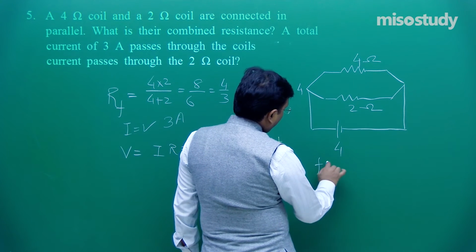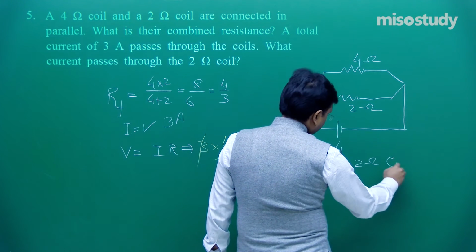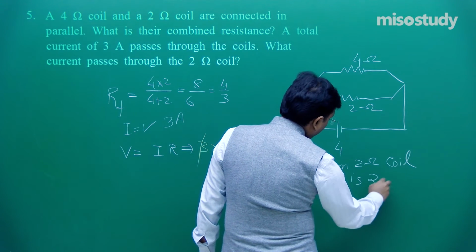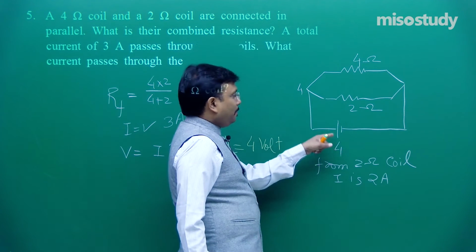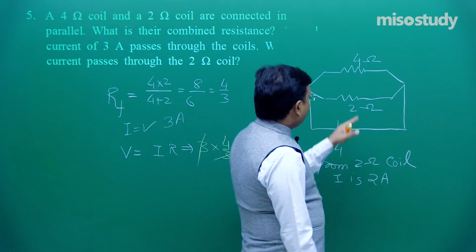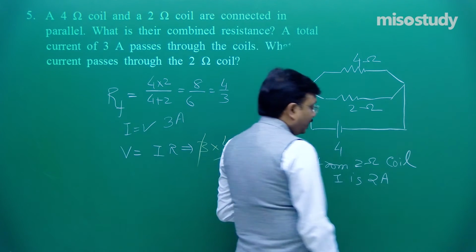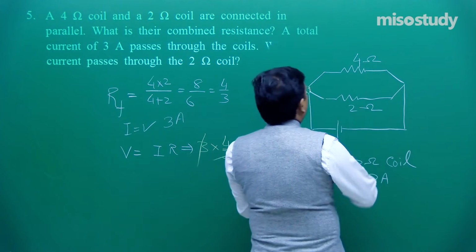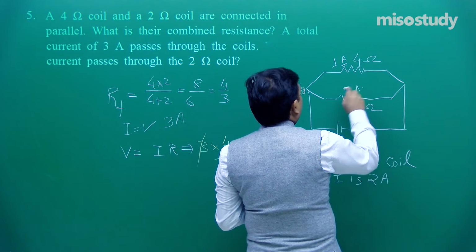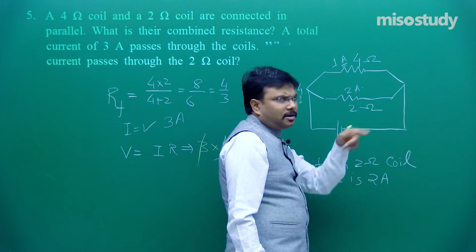From the 2 ohm wire coil, I is 2 ampere, simple. R given, V given, you can calculate the I, and the remaining 1 ampere is going to pass through this coil. The more the resistance, the less the current; the less the resistance, the more the current, simple.